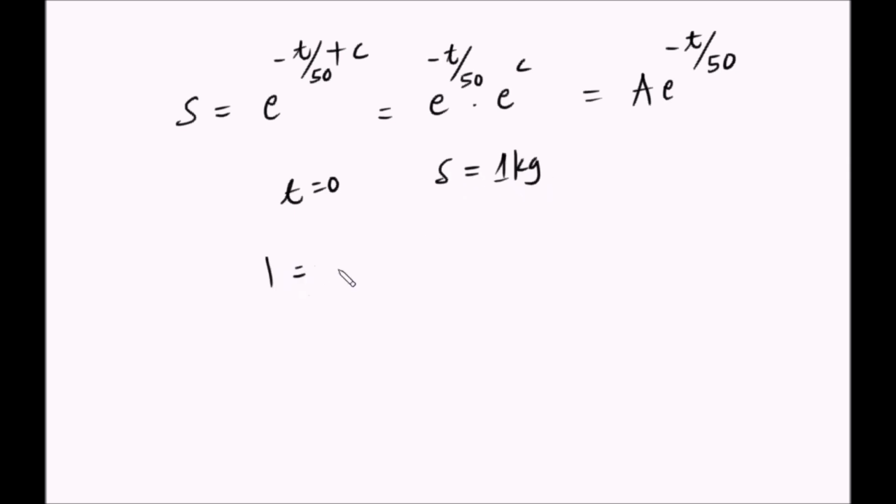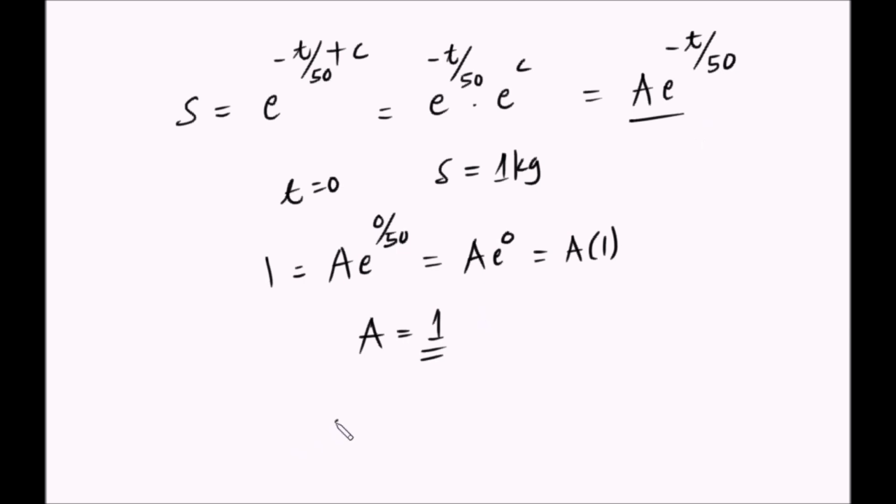Kwa hiyo 1 itakuwa sawa na A e power 0 over 50, ambayo ni A times 1. So A ni 1. Kwa hiyo formula sasa S ni 1 e power negative t over 50.